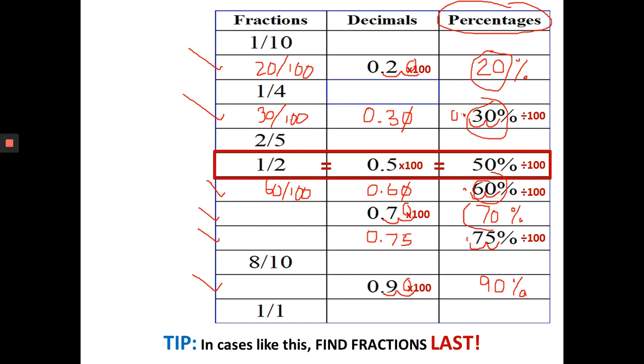And here, 70%, 70 out of 100. How about here, 75? So that's 75 out of 100. And for 90, 90 out of 100.